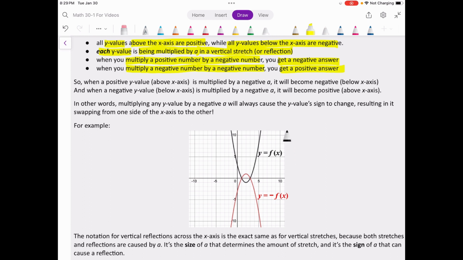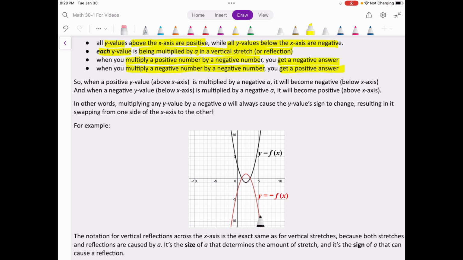Because a positive y value up here, if I multiply it by a negative a, which again, in a vertical stretch, every y value does get multiplied by a. So if a positive y value gets multiplied by a negative a, well, positive times negative is negative. So if we had a positive y value times a negative a, it's now a negative y value. It's been flipped across the x-axis.